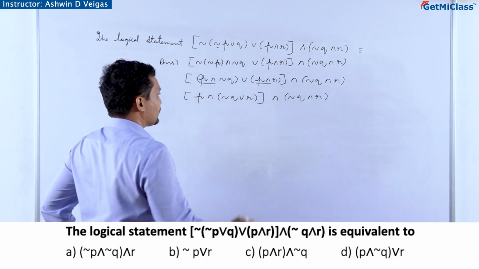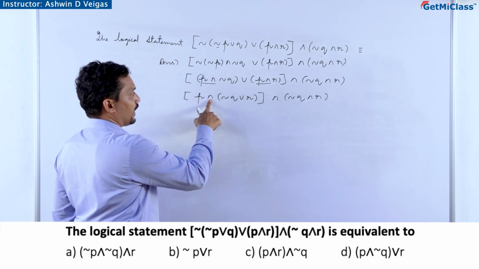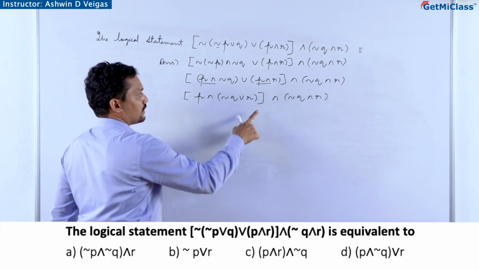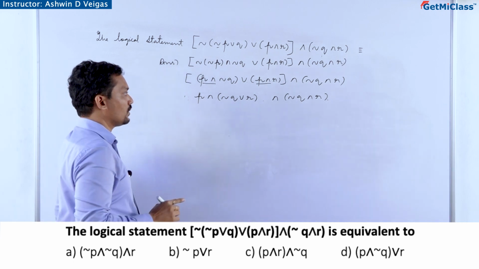Okay. Now, let us see how this can be simplified. Now, you can see that this is AND, this is also AND. Therefore, there is no need for this bracket when it is the same operation. Okay.